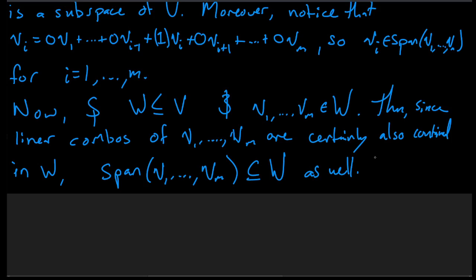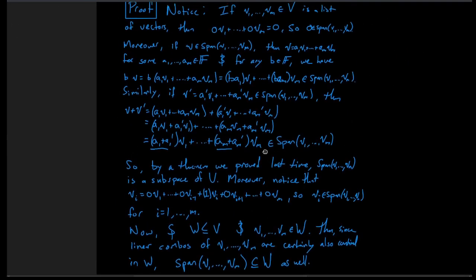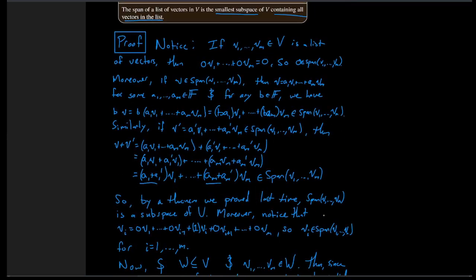Kind of cool, right? Let's zoom out a little bit and think about this real quick. I wrote that out in its full tedious glory, but basically all we had to do is show that the span of a list of vectors is a subspace, and that it contains all the vectors in the list. That is done right here.